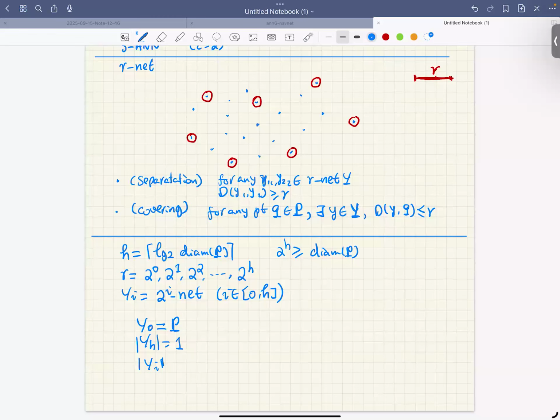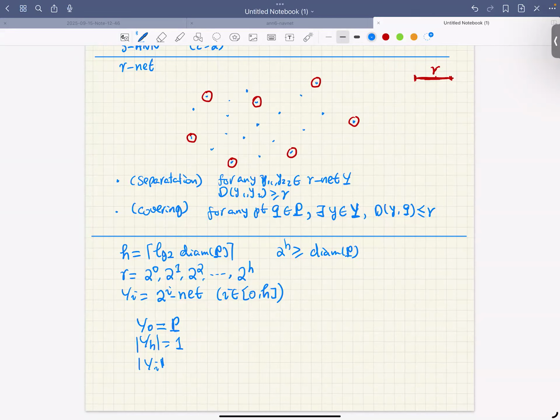This doubling trick is not surprising at all, because oftentimes this is how you deal with a continuous problem. You want to chop it up into such kind of discrete granularity. This technique is very usual.